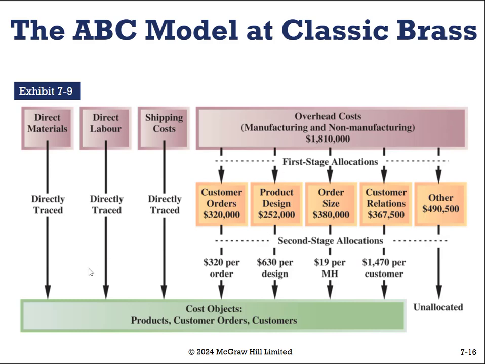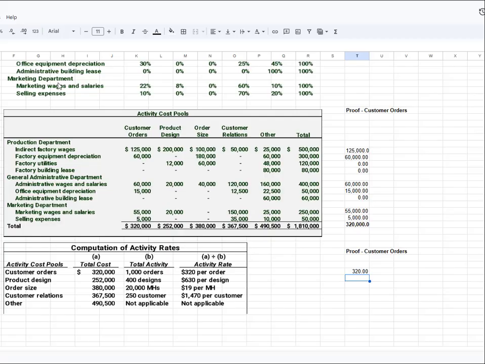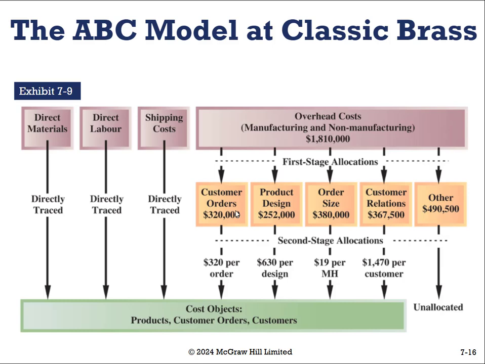So what we've done thus far is we've directly traced materials to their cost objects. Same thing with direct labor, same thing with shipping costs. And now what we've been able to do is take most of our costs, minus that last one, other, put them into cost pools and take the driver and get a cost per order.